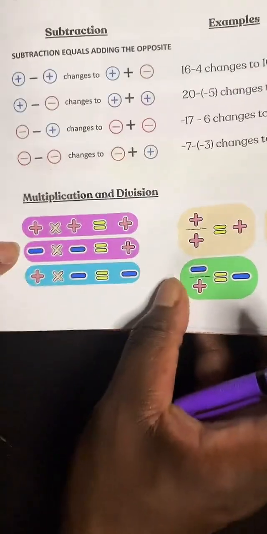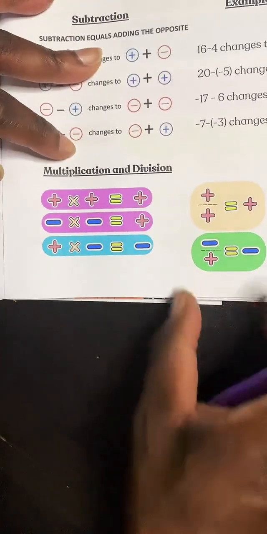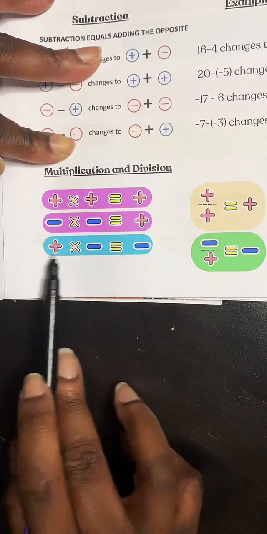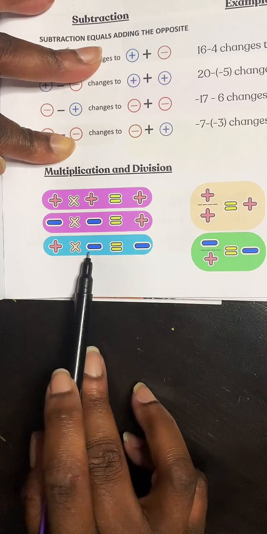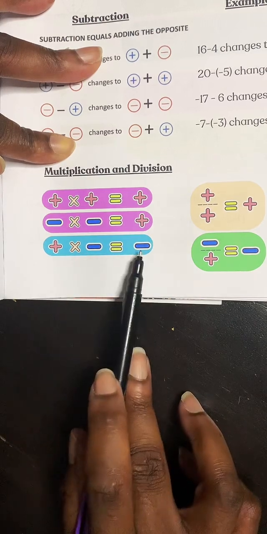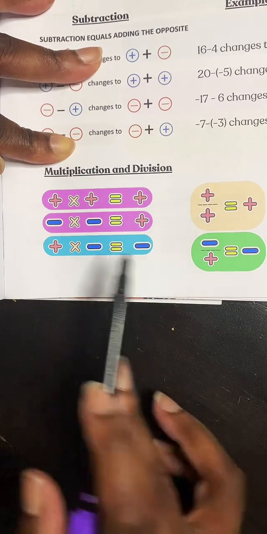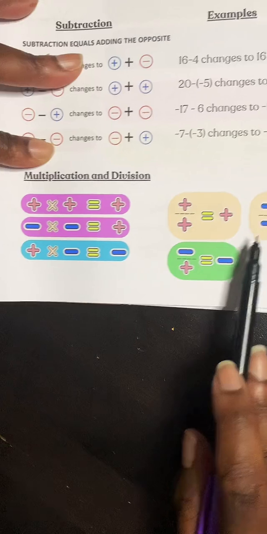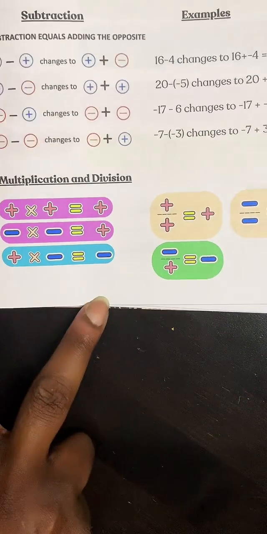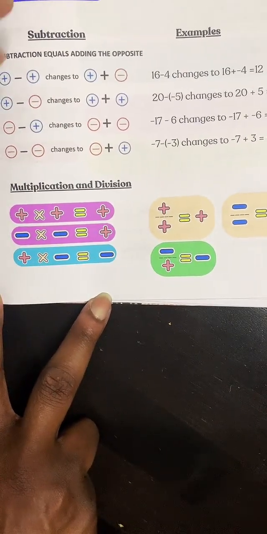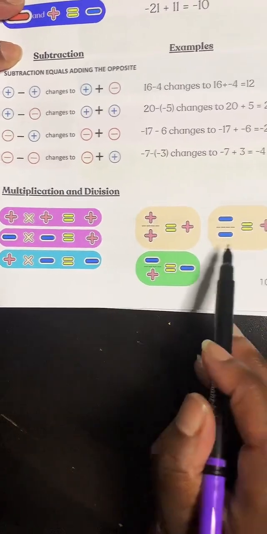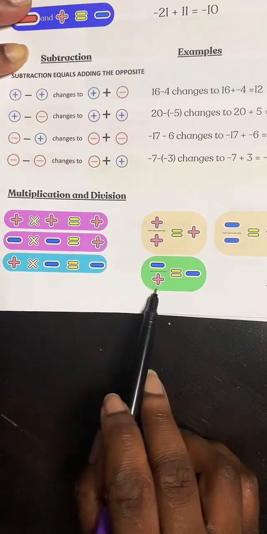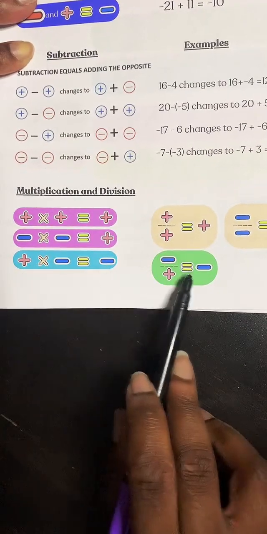Anytime you're multiplying and the signs are different, your answer is always going to be negative. Anytime it's exactly the same, when you're multiplying or when you're dividing, let me see if I can shrink a little bit so you can see dividing. Even when you're dividing, you always get a positive answer if they're both the same. When they're different, that's when you're going to get negatives.